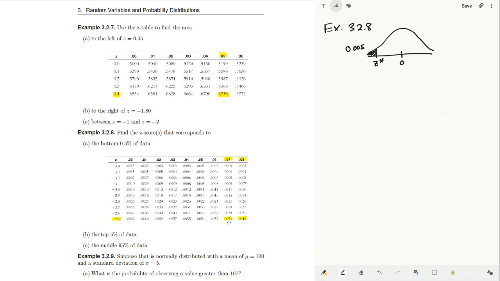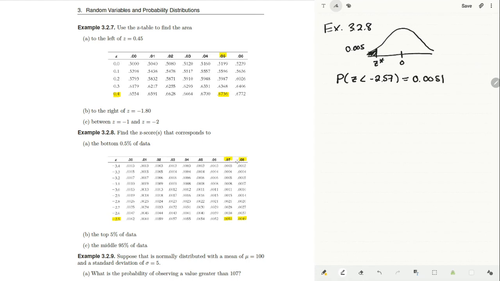So now we will work backwards from our table to determine the z-scores which correspond to these areas. So the z-score corresponding to 0.0051 is negative 2.57. So let's write down the areas given to us from our table. So the area to the left of negative 2.57 is 0.0051.